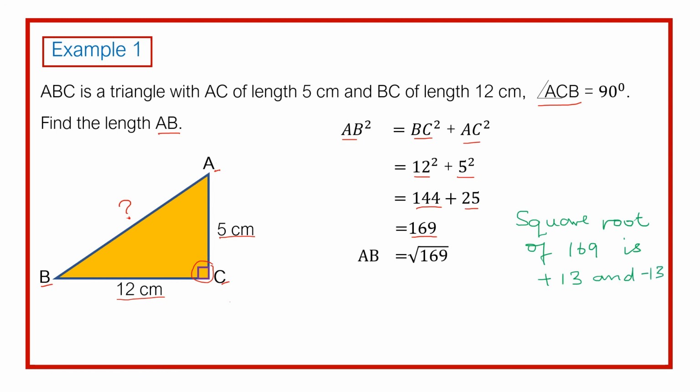Now, since the length cannot be negative, we will take the positive square root. We take the positive square root and we ignore the negative square root. Therefore, AB is 13 centimeters long.